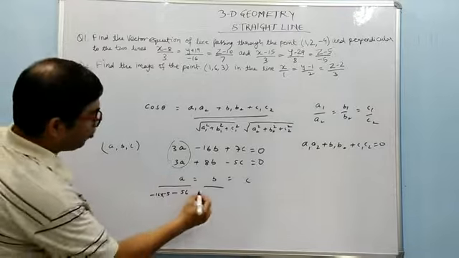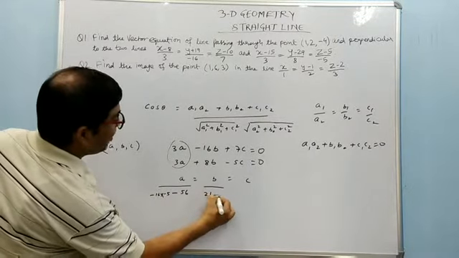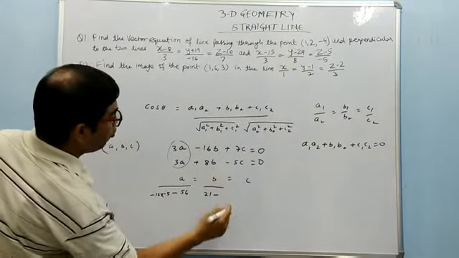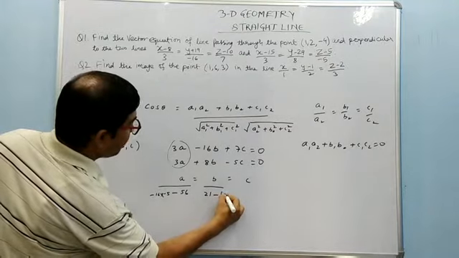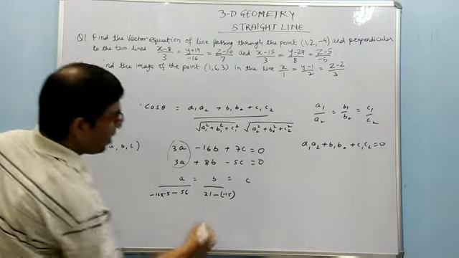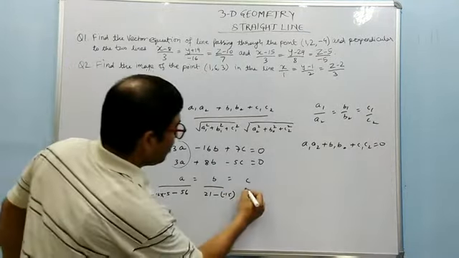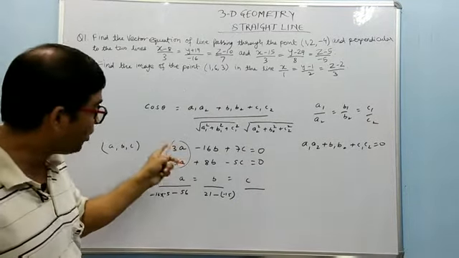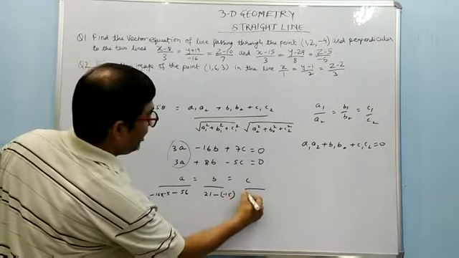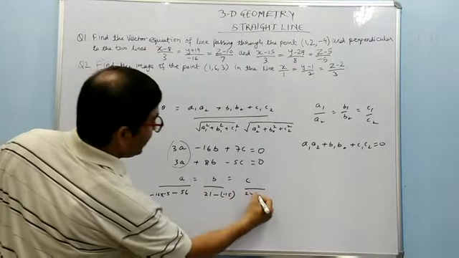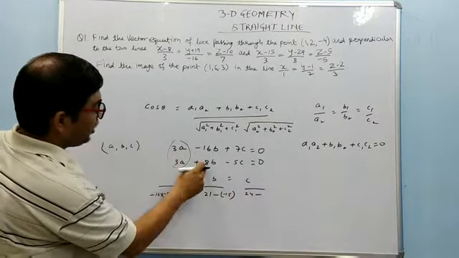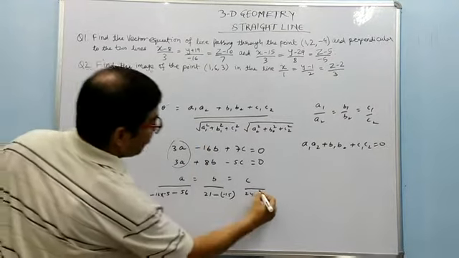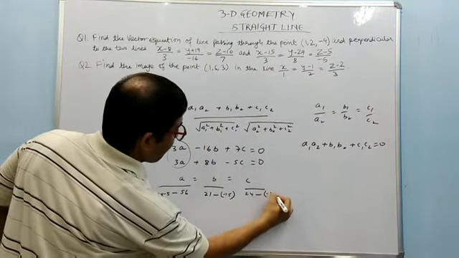So 7 into 3, 21 minus 3 into minus 5, that is minus 15. And for c, you just ignore this, and after c it is coming a, so take care of the coefficient of a first. So this is 24 minus 8 into 3, that is 24 minus 48.